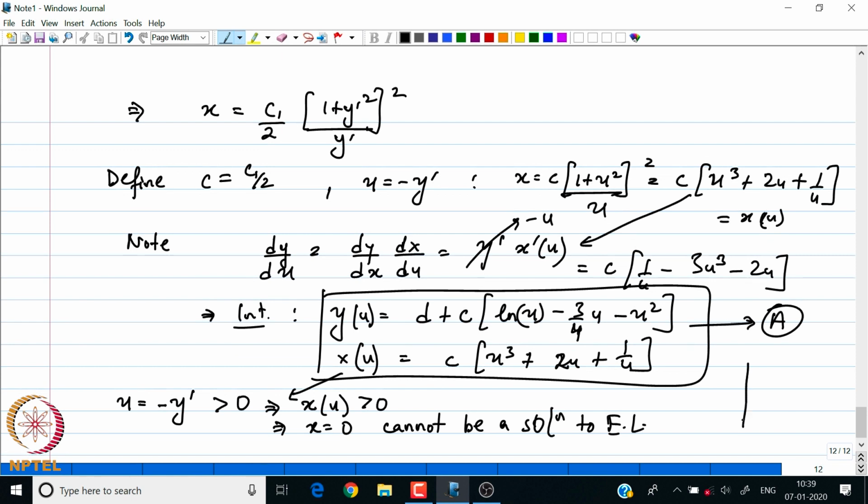If we were to draw again the shape of the cone, the cone has length L. The profile will be such that it never hits x equal to 0, which means the profile given by A will never hit the y axis.